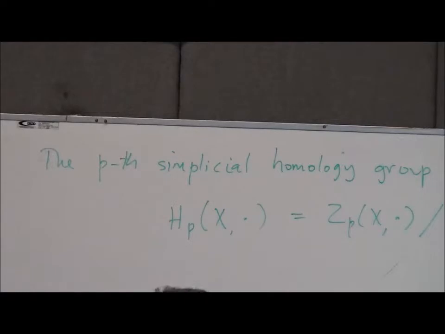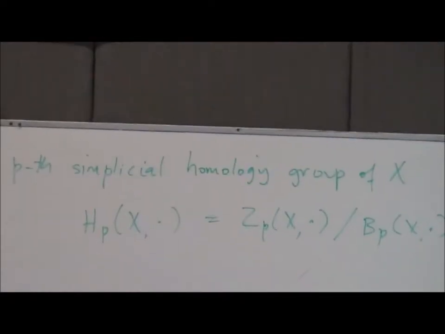So what does that quotient mean? What it means is you have chains in here, P-chains, and their boundary is empty.